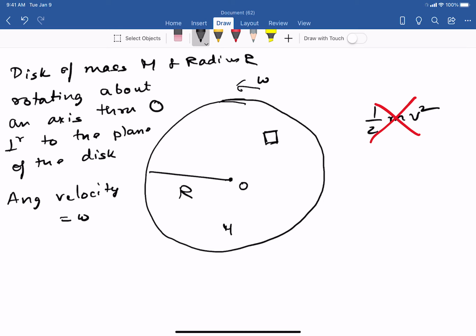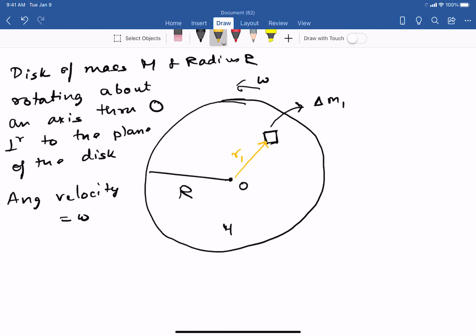And let's say that this segment, for example, has some mass delta m1, and it's at a distance r1 from the center, right?